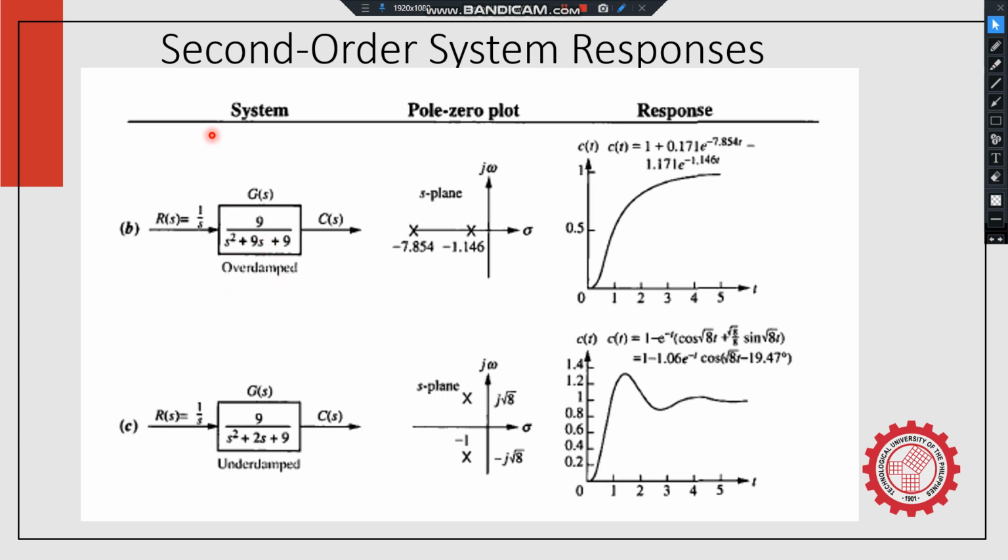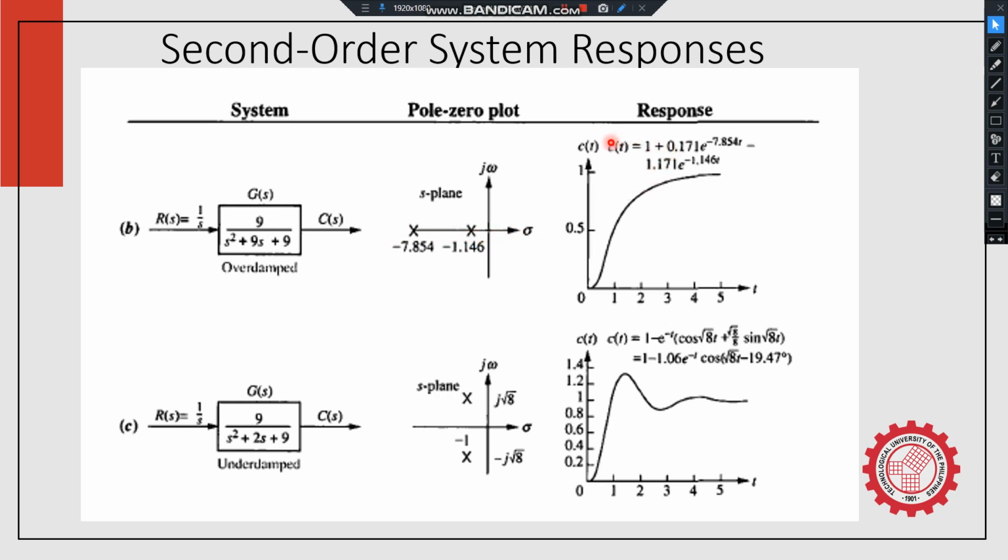Now, let us try to look at the pole and zero plot of each of these special types of second order system and their corresponding responses or output response curves. Okay, so for the pole zero plot, notice here that we're going to have two negative poles at the real axis, real number.